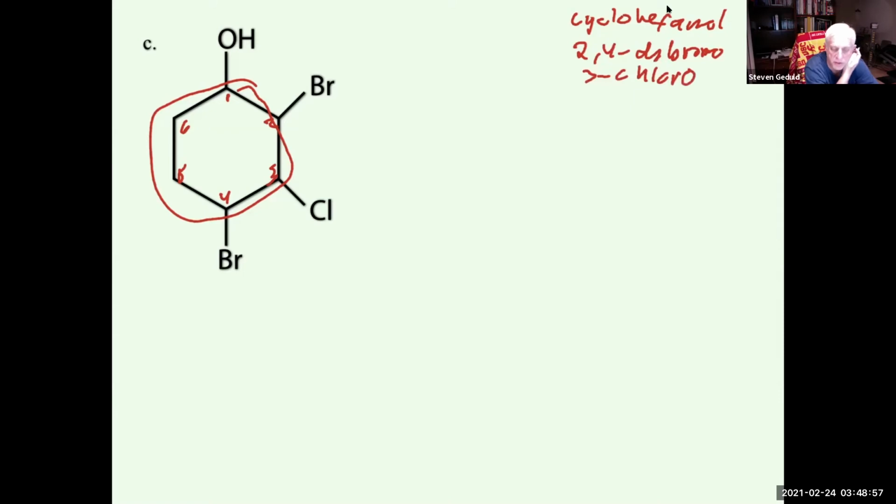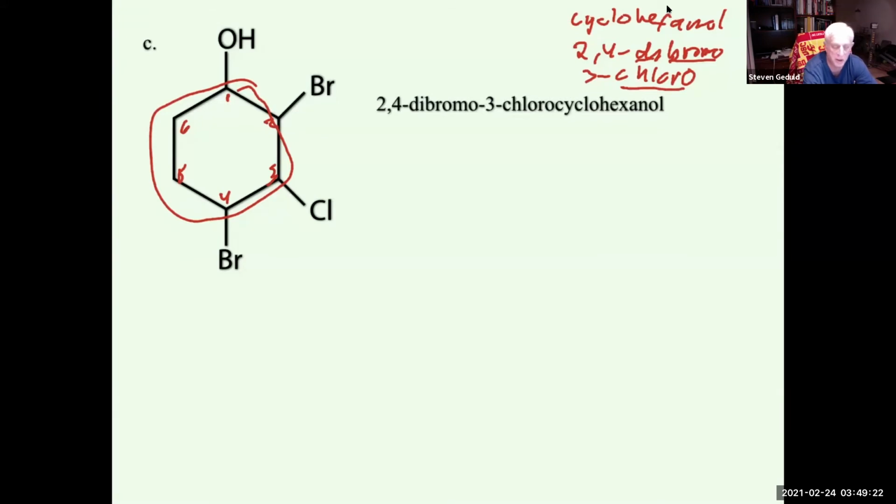So what comes first, the dibromo or the chloro? The bromo, right? Because the di doesn't matter when doing alphabetical order. This is what counts for alphabetical order, the groups. So it'd be 2,4-dibromo-3-chloro-1-cyclohexanol, or just cyclohexanol.